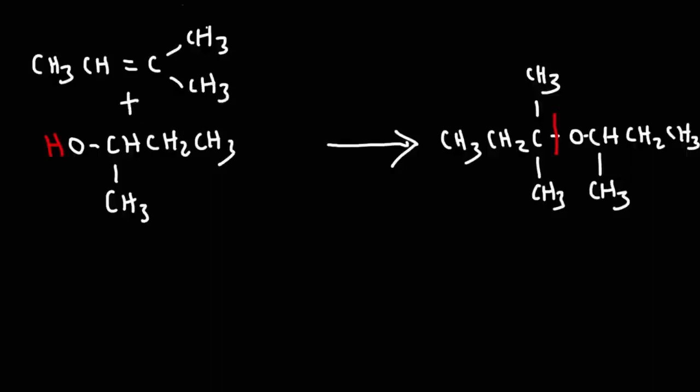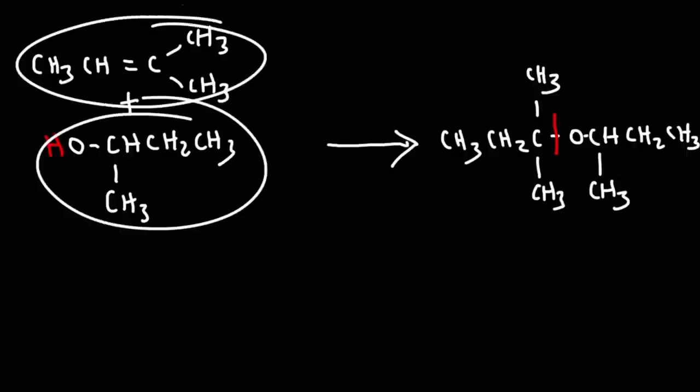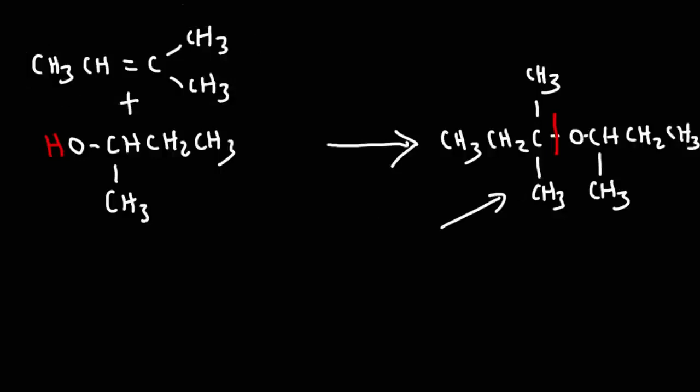So if I were to react this alkene with this alcohol, it would give me the same product. Now keep in mind, we still need an acid catalyst to accelerate the reaction. So we would need H2SO4, dilute H2SO4, to get this reaction going.